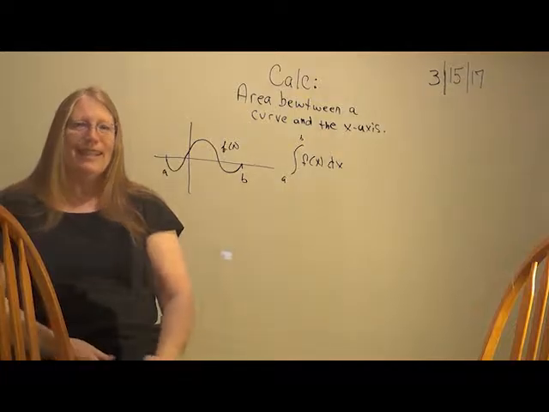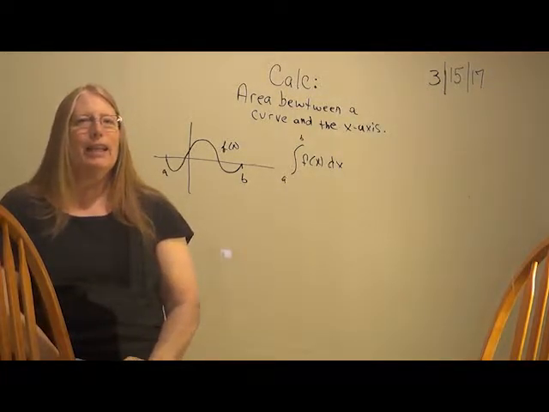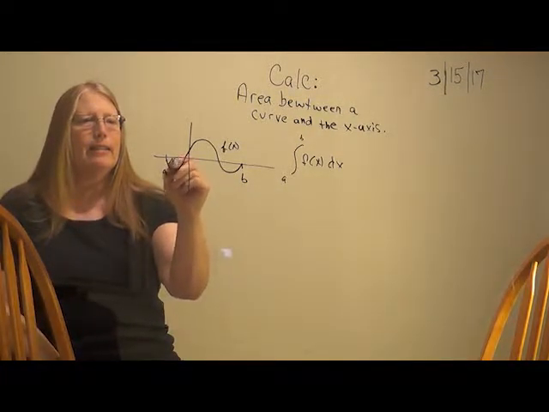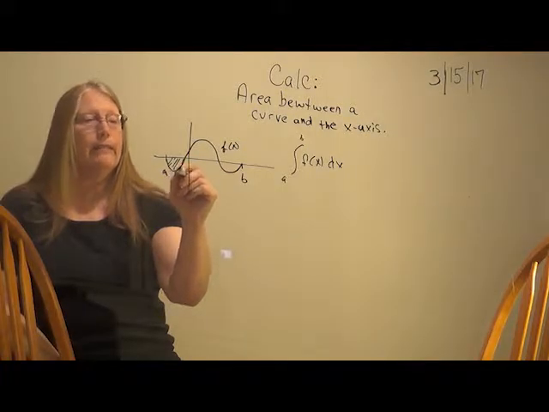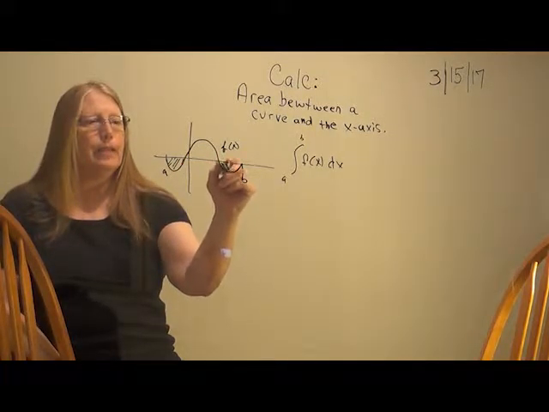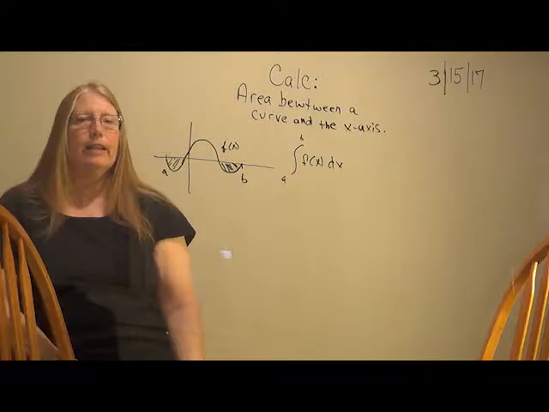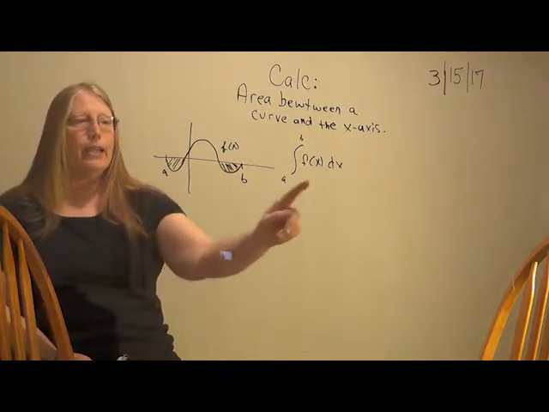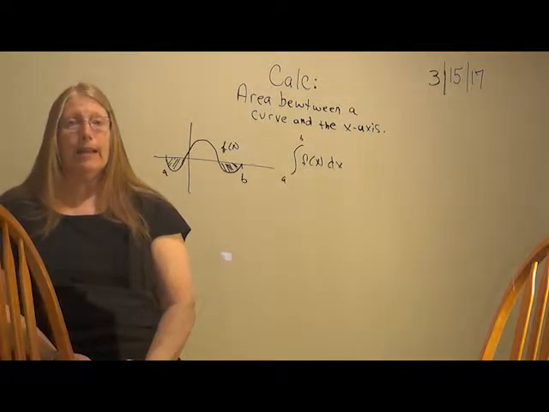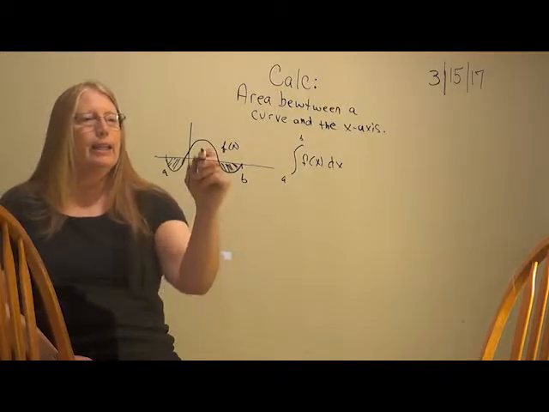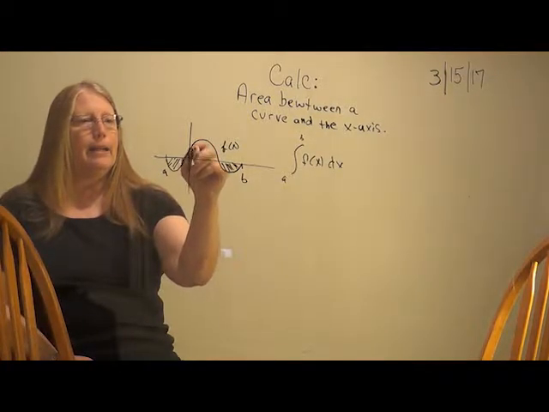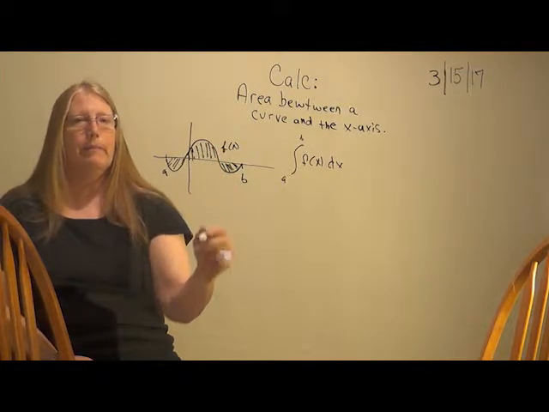The answer is, the integral will take all this area and call it negative, and all this area and call it negative. Anything underneath the curve, by integration, will come out as a negative value. And then it'll take the area above and call it positive.